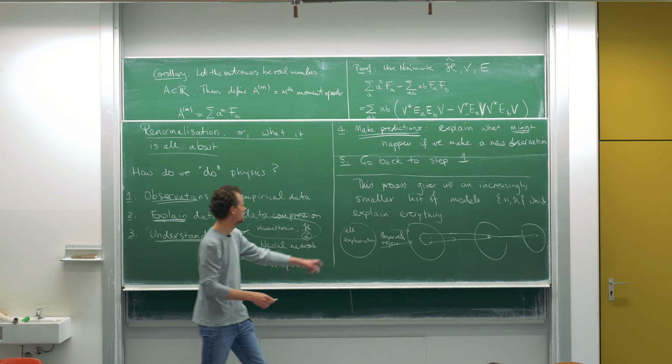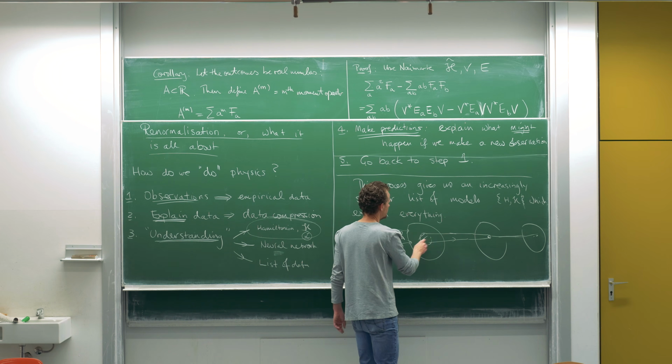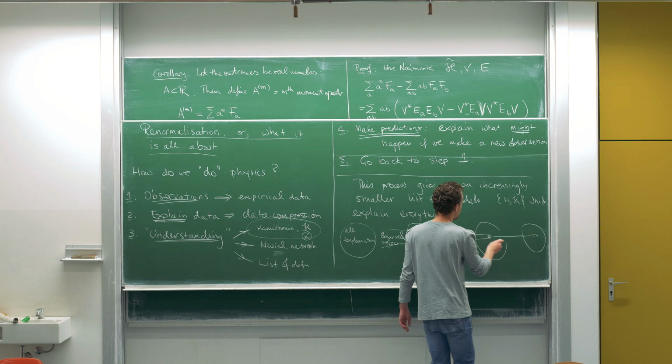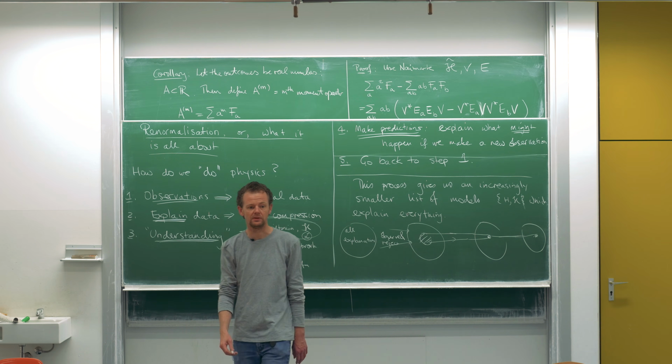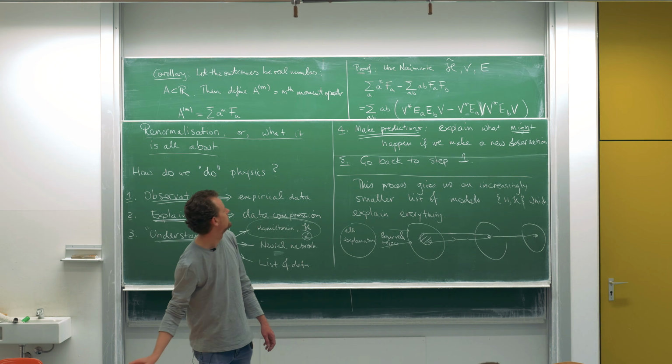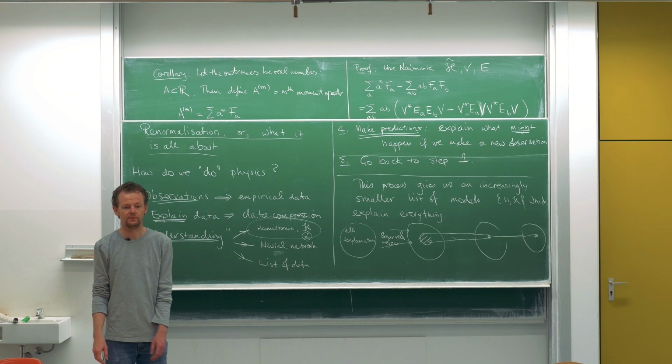So in the space of all explanations, as we make better and better observations, we're left with fewer and fewer explanations that are consistent with everything that we've seen. That's the process of doing physics.